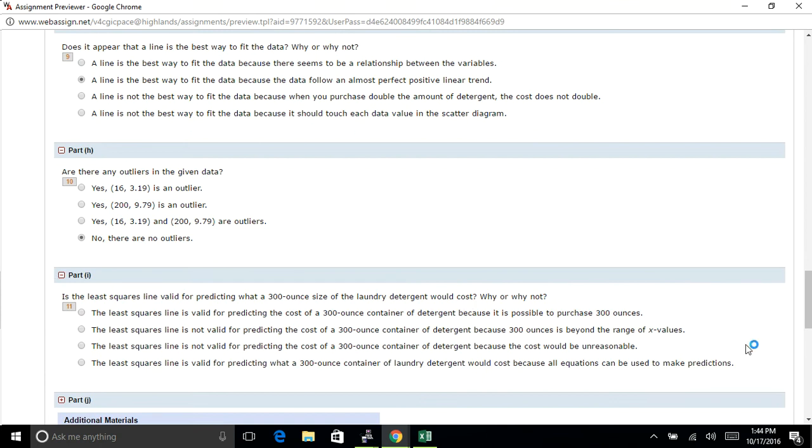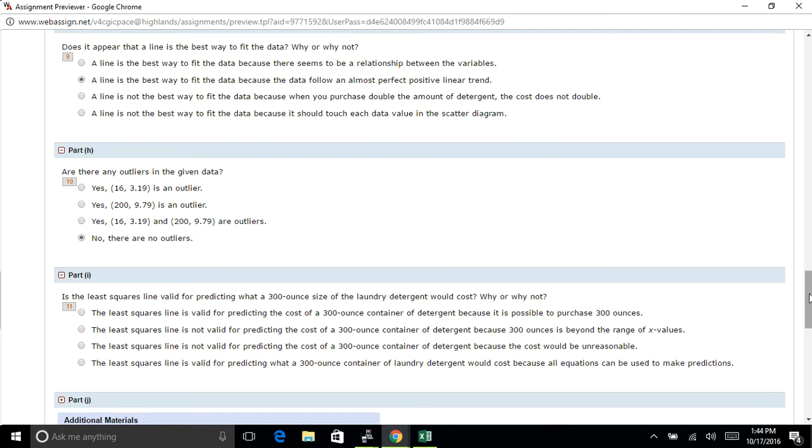So the next question wants to know, is the least squares line valid for predicting a 300-ounce size of laundry detergent? Remember, we really didn't have anything that went that big. We only had stuff that went to 200, and they're trying to trick you.